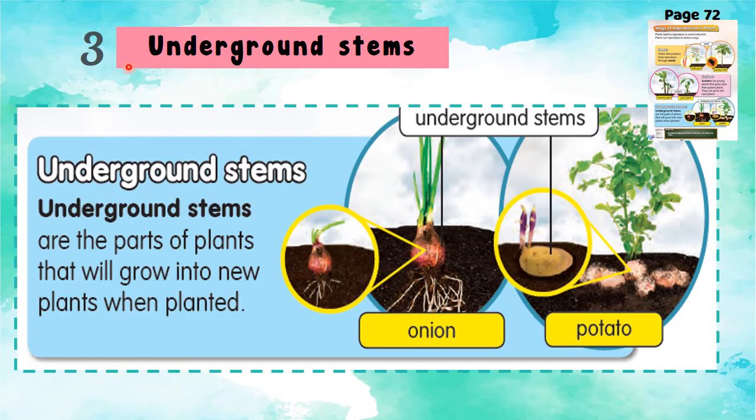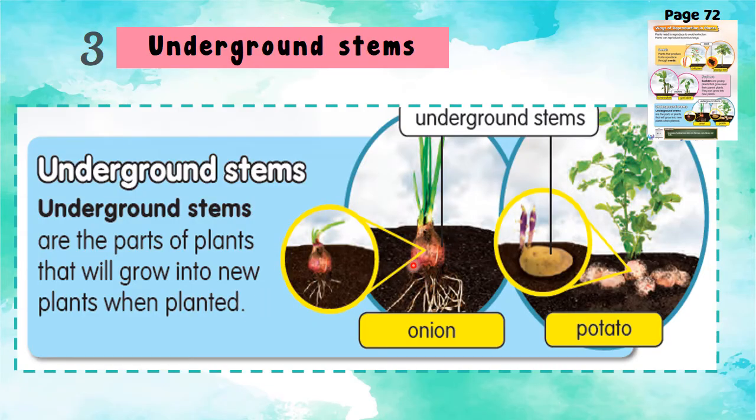The third way of reproduction in plants is underground stems. Underground stems means batang bawah tanah. Underground stems are the parts of plants that will grow into new plants when planted.